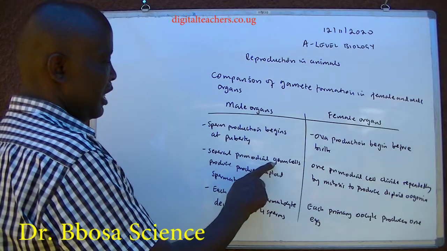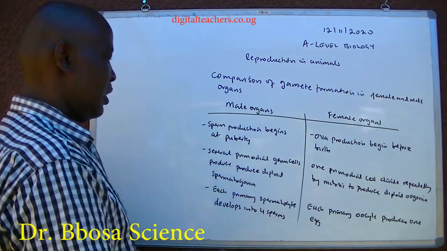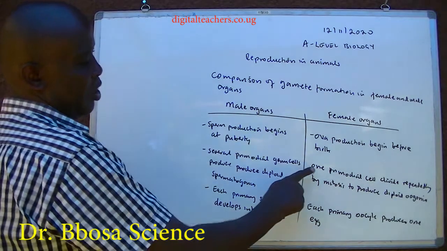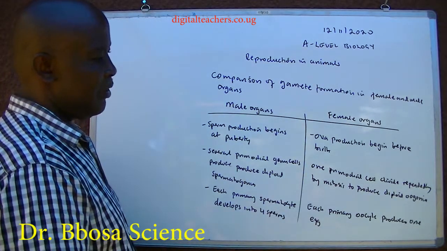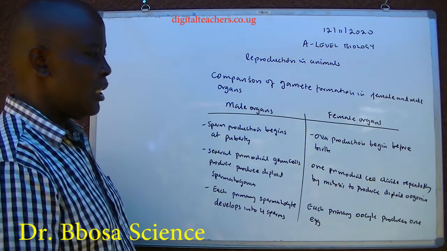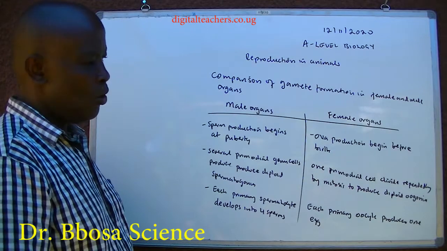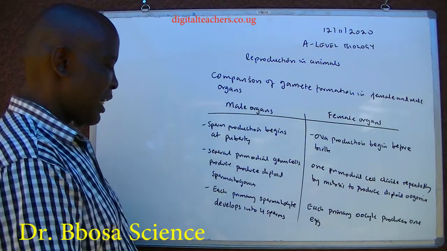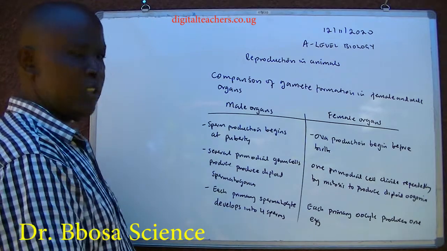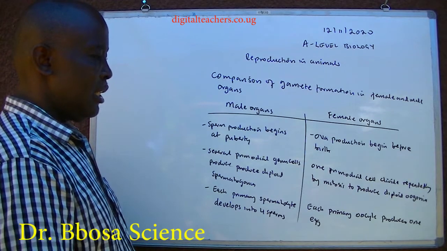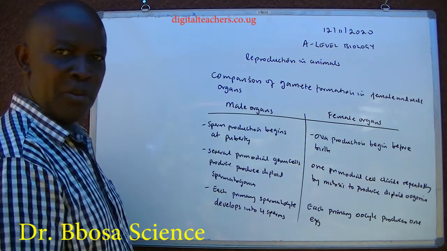Several primordial germ cells produce diploid spermatogonia. One primordial cell divides repeatedly by mitosis to produce diploid oogonia. Each primary spermatocyte develops into 4 sperms. Each primary oocyte produces 1 egg.